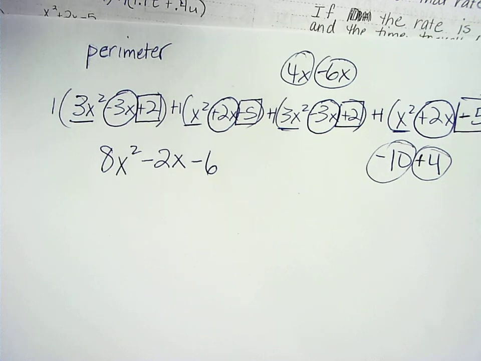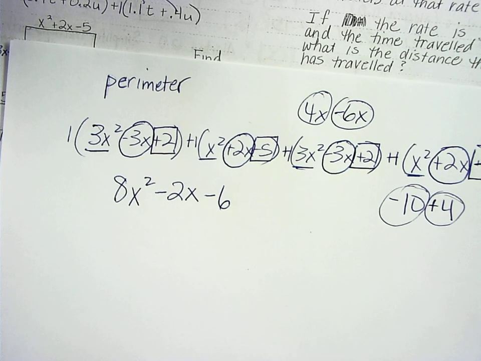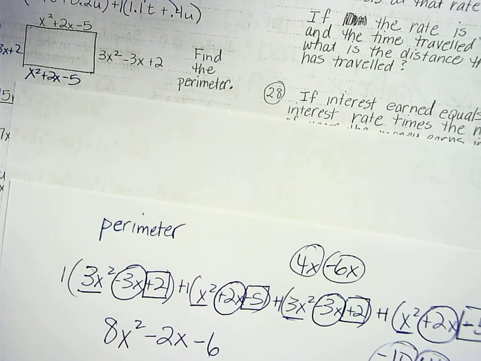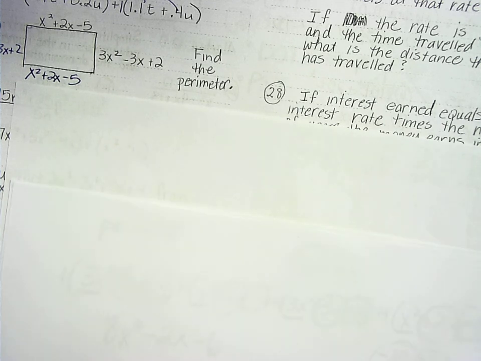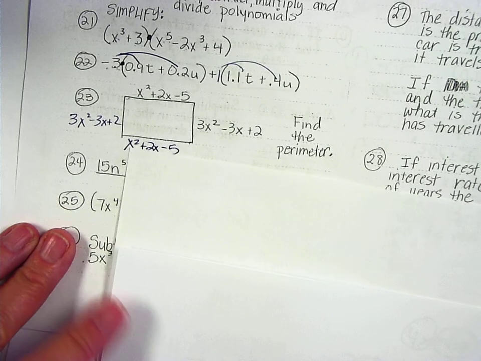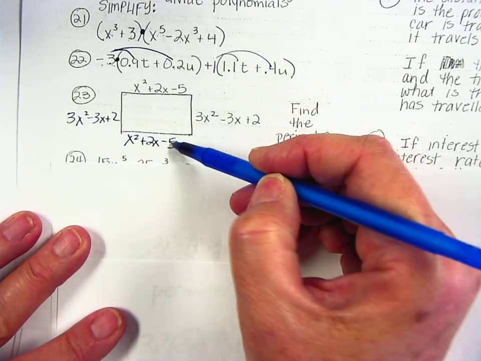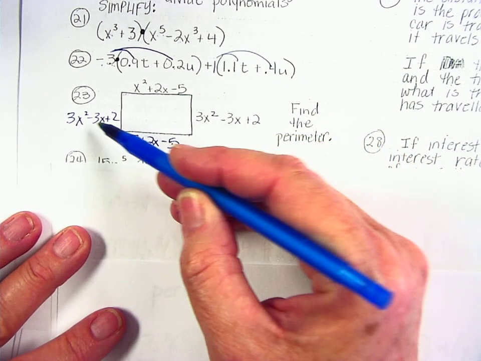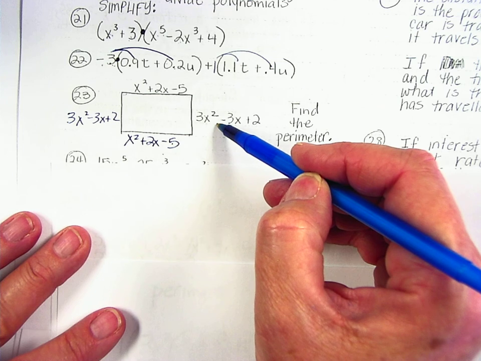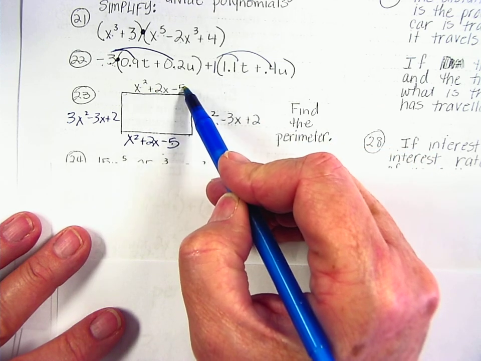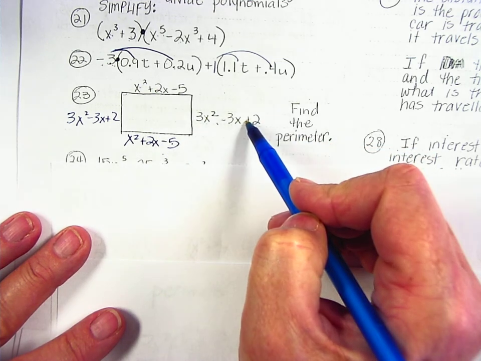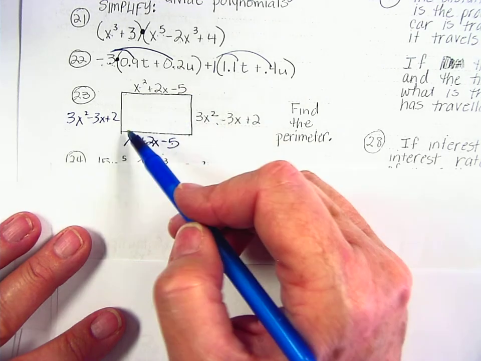Could we have done that another way? Let's look at this again. We added up all the sides, right? But wait a minute. Don't we have 2 sides that are this length and 2 sides that are this length? So if I double this and double this and add them together, shouldn't that give me the perimeter?